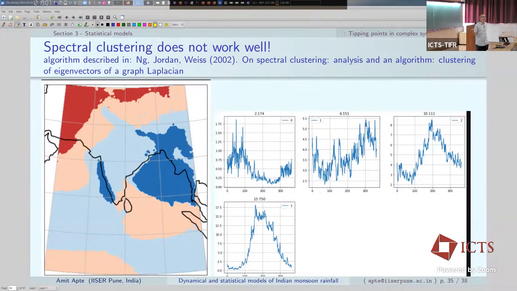None of the results using 2 or 3 or 4 or 5 clusters make too much sense, in the sense that it's physically not really realistic that all of these points shown in, say, this faint blue color are the same cluster and have the same temporal variation of rainfall. That is not really the case.